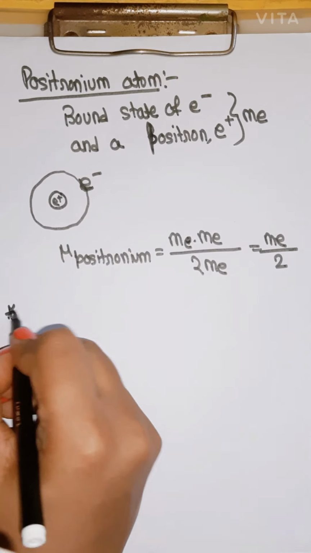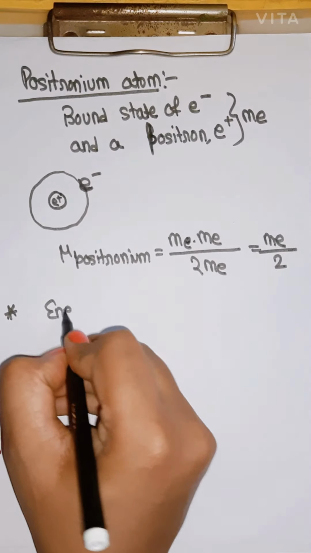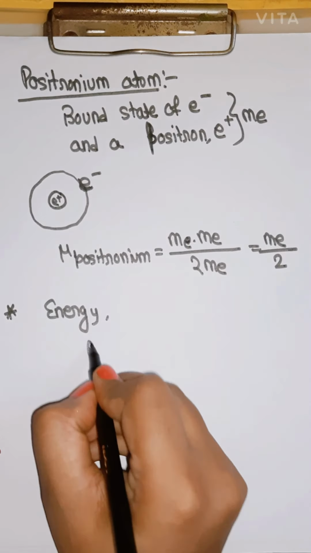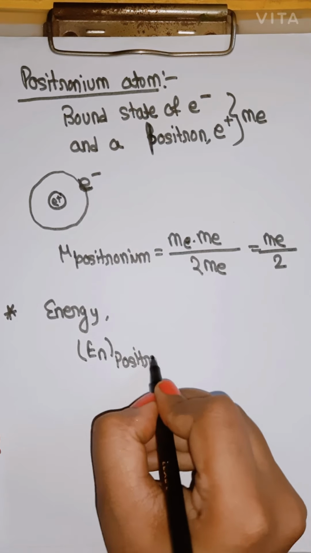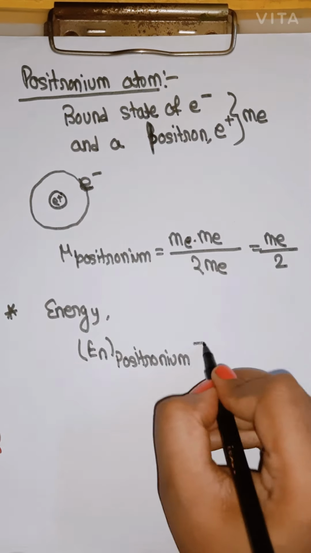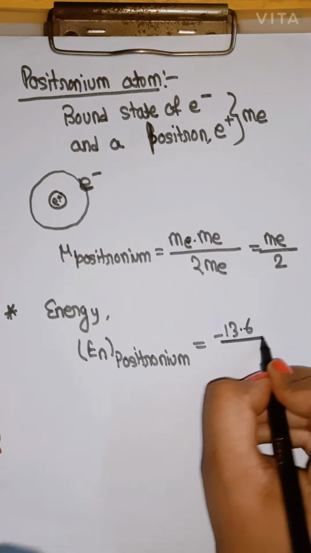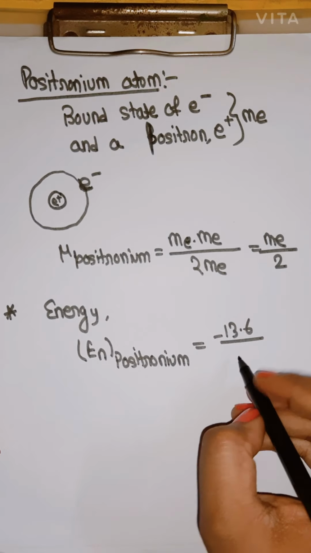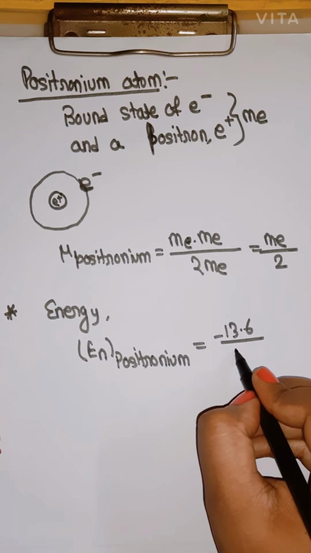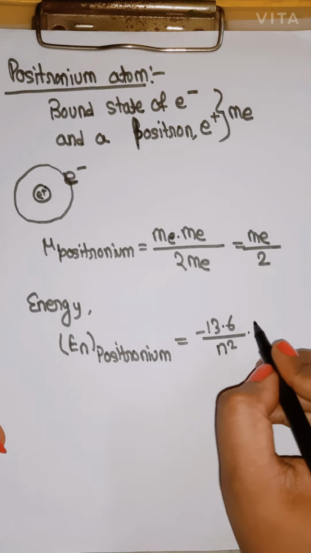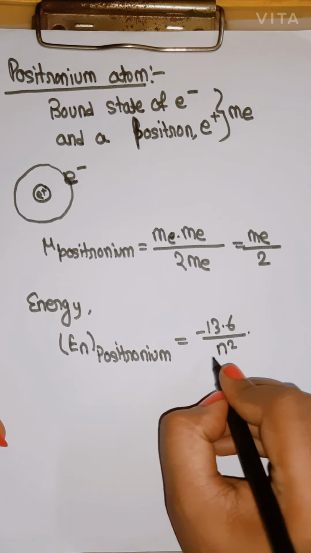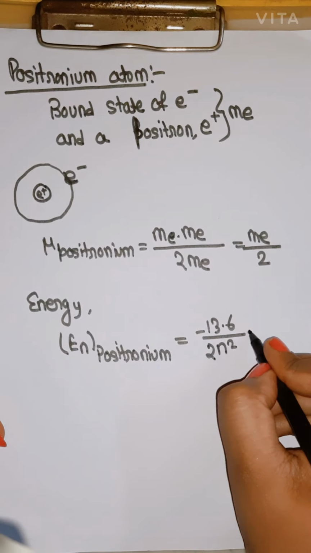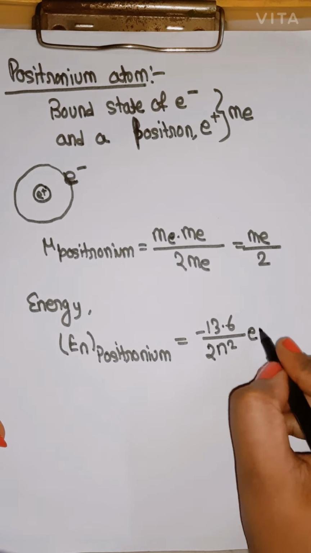Now if we calculate the energy of the positronium atom in the nth state, then En will be equal to minus 13.6 by n square, and in place of Me we have put Me by 2, so twice n square, electron volt.